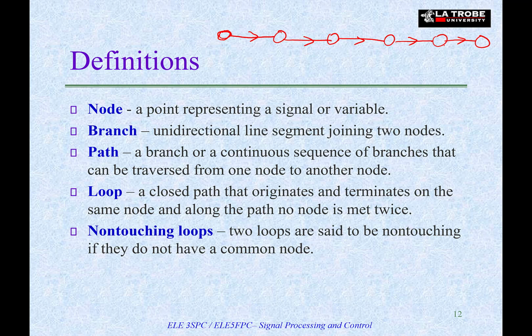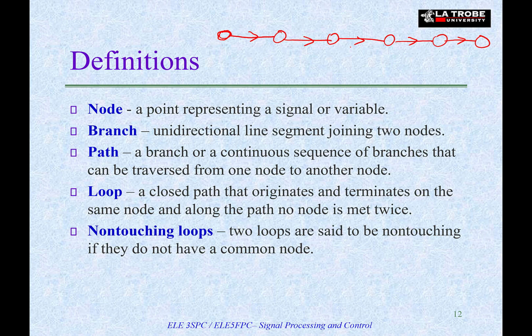The third definition is a path. A path is either a branch or a continuous sequence of branches that can be traversed from one node to another. So on the signal flow graph I'm drawing, you've seen a path. The next definition is a loop.